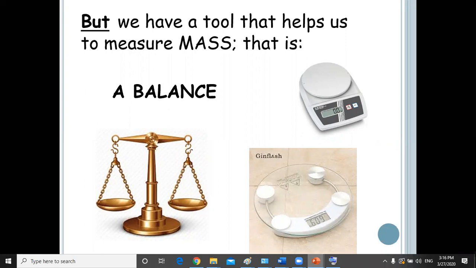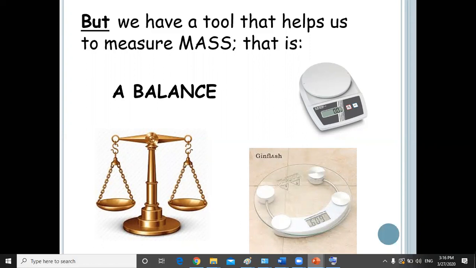We have many kinds of balances. Some of them are for heavy objects, and some of them we use to measure the mass of light objects. So we use a balance to measure the mass of an object.